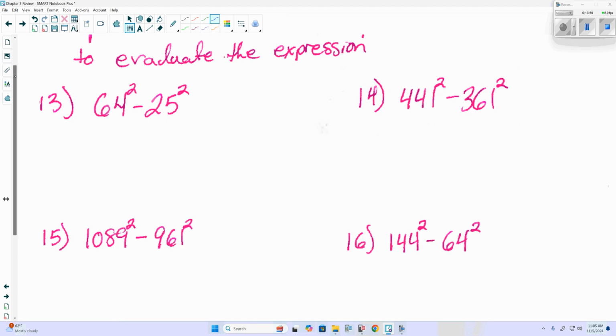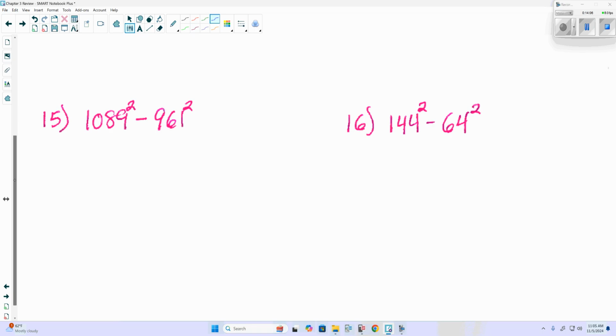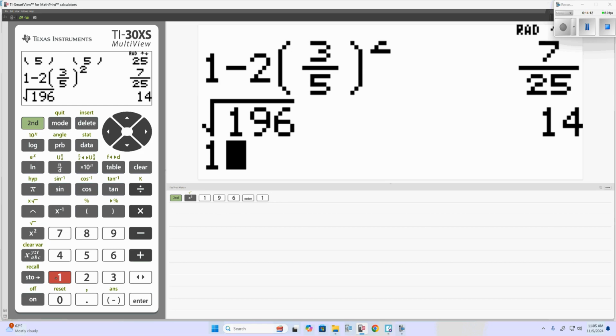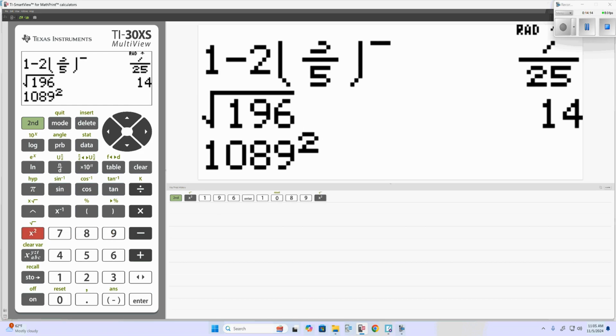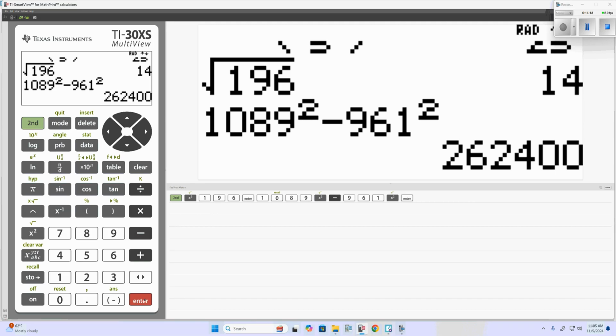Which one of these do y'all want to look at? 13. I like 15. It's got a big number. 15. 1,089 squared minus 961 squared. Is 262,400.